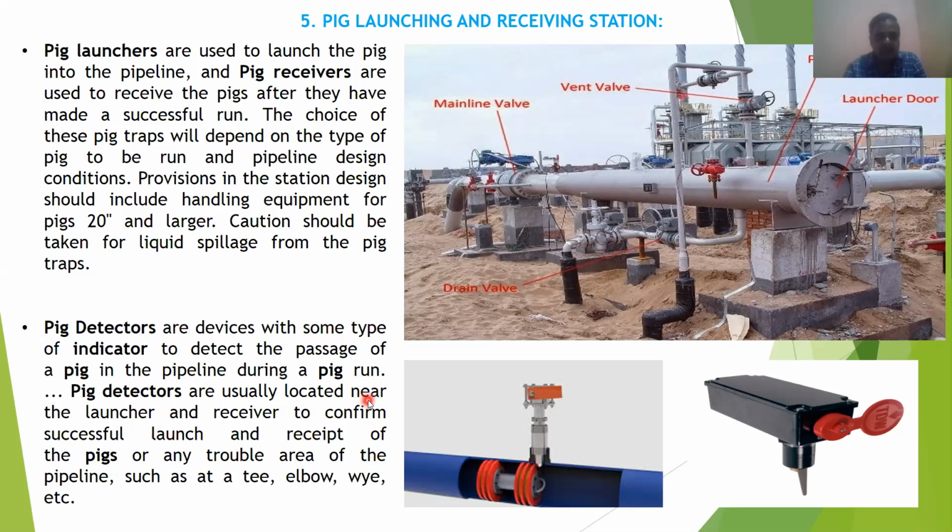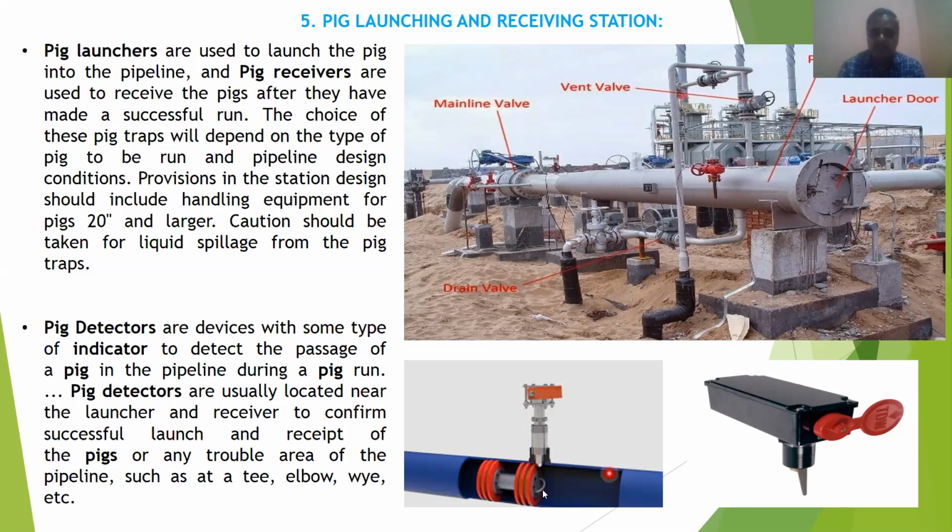Pig detectors are usually located near the launcher and receiver to confirm successful launch and receipt of the pigs, or at any trouble area of the pipeline, such as at a tee, elbow, etc. These are the pig launchers normally we use in this area, at the start of the pipeline and end of the pipeline. That means receiver end and launching end.